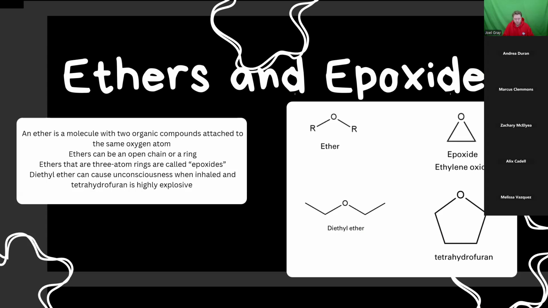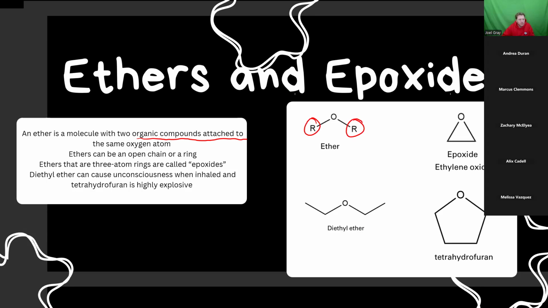Then our next class of compounds, ethers and epoxides. An ether is a molecule with two organic compounds attached to the same oxygen atom. So these R groups right here are our organic compounds.